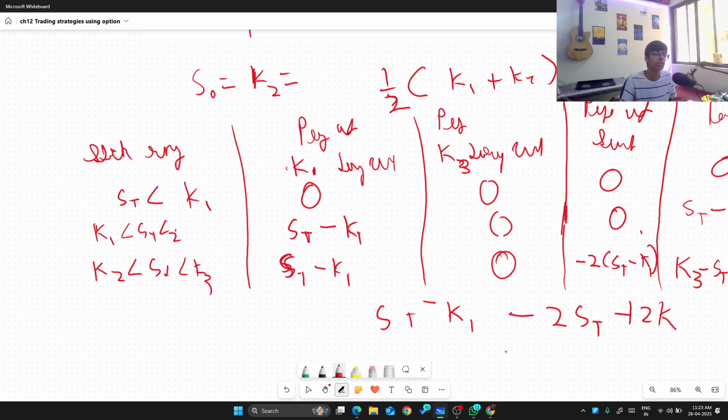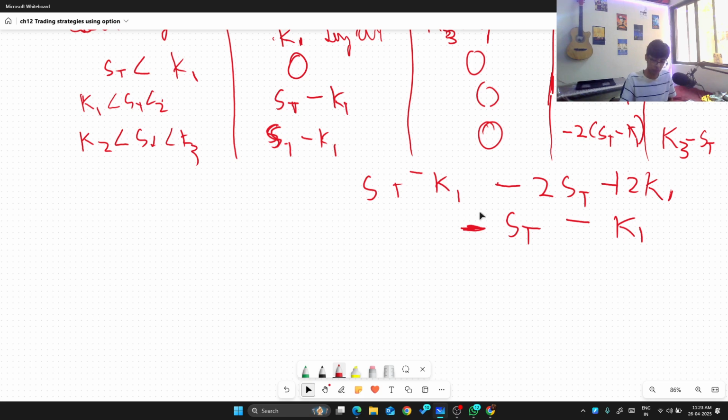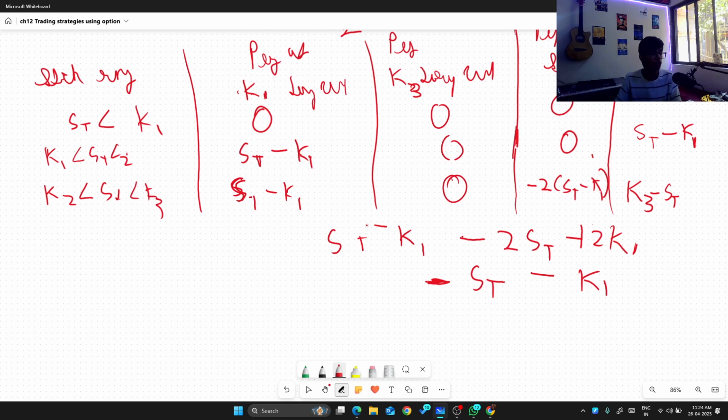So it is minus ST and minus K1, and we know that K2, I am making a mistake in rotation. Let me copy paste it and then we will solve it. I have made so many mistakes in this.